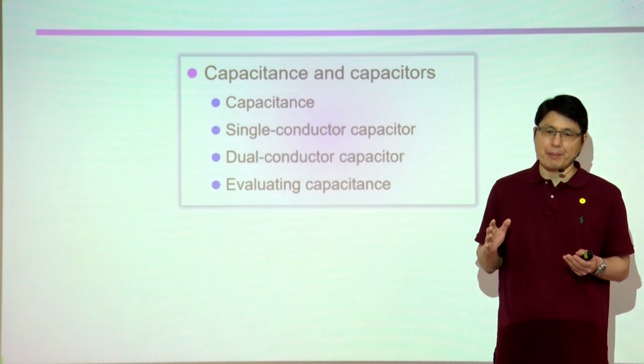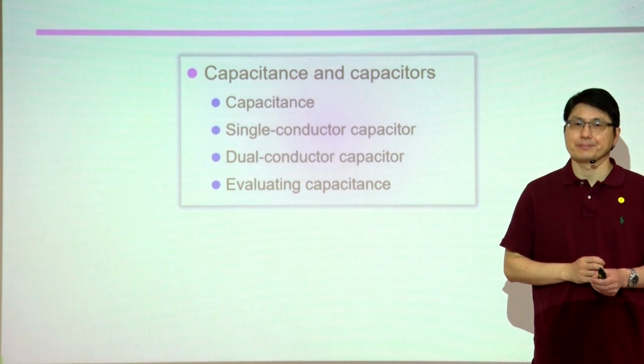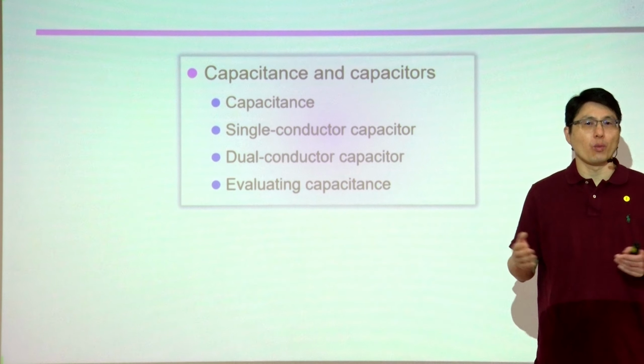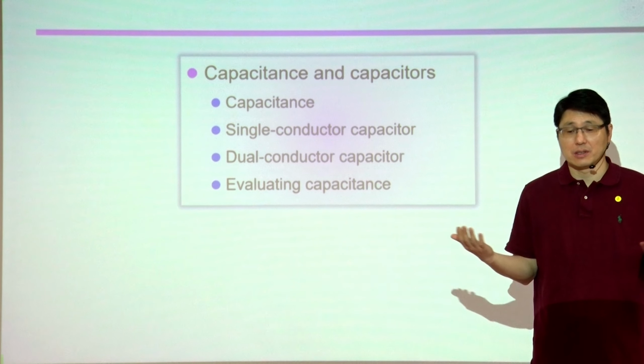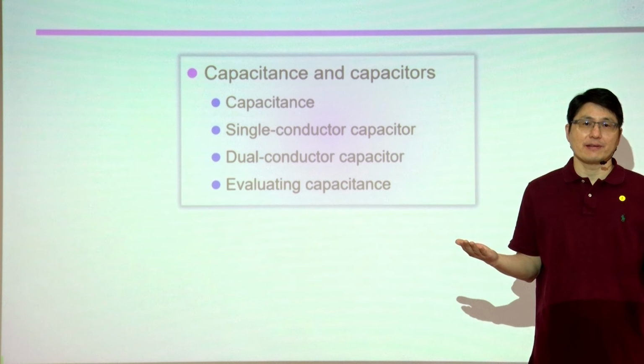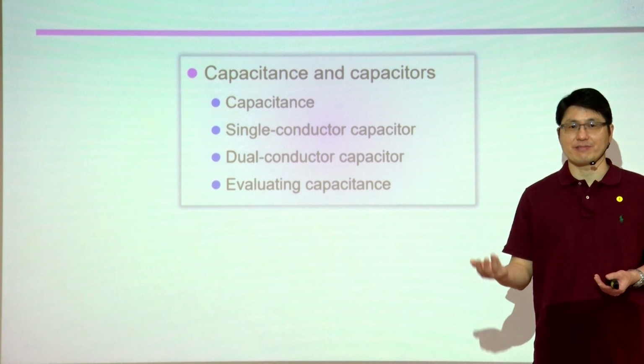And if you still remember, we started with transmission lines, right? A lot of people ask me why I teach transmission line first. Well, the first reason is we only need to have scalar processes, right? We don't need to analyze vectors.